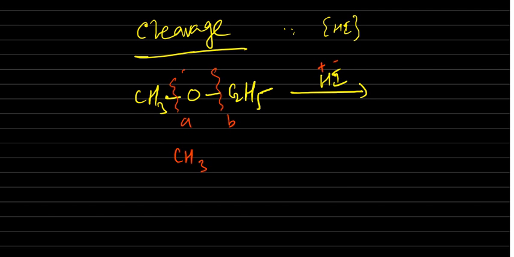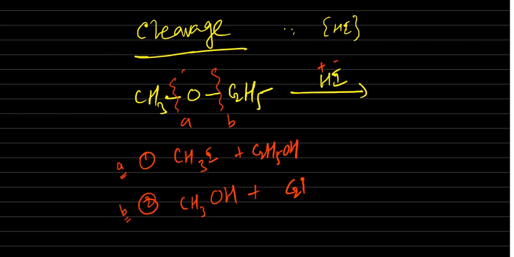So we get CH3I and C2H5OH. This is one option. Option 2 is breakage at B, giving CH3OH plus C2H5I. These two products are possible.